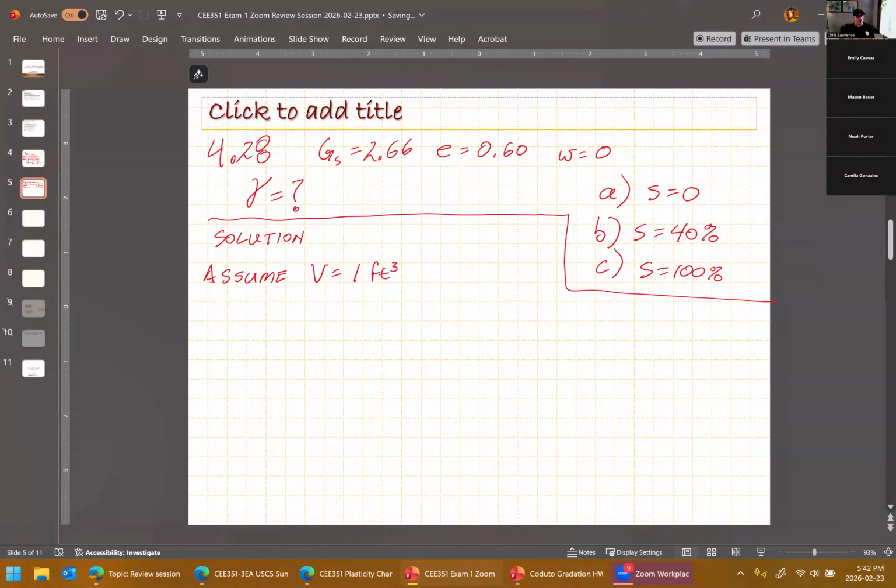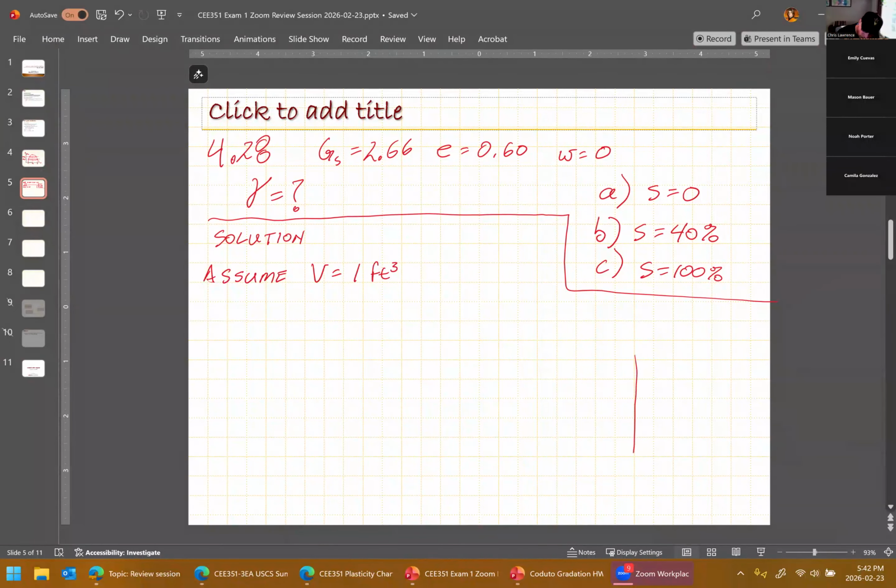Why am I allowed to do that? Why am I allowed to choose anything I want? Well, that's because they didn't tell you any values, any quantities of soil. How much soil is there? They didn't tell you anything. And again, I've said this before.